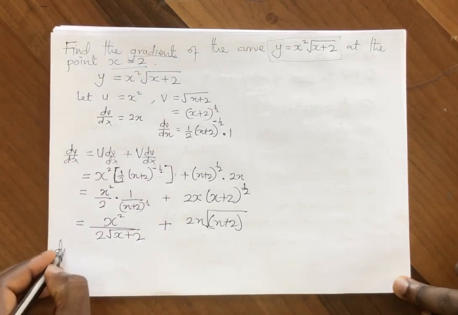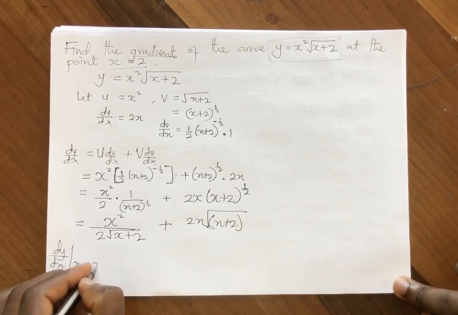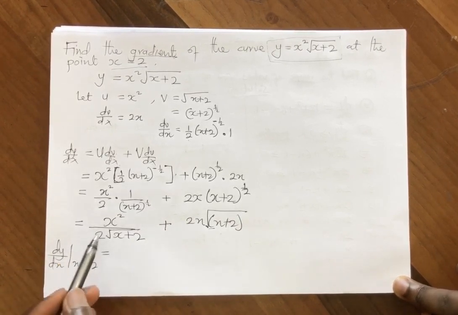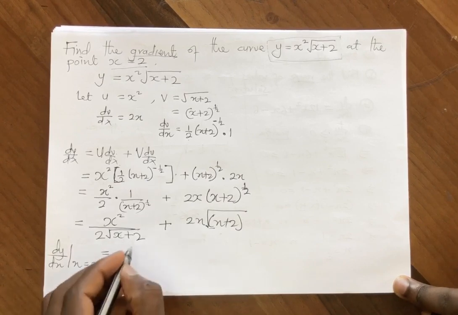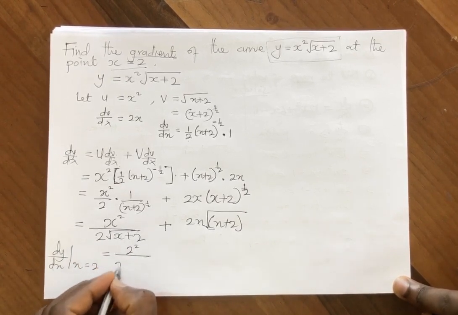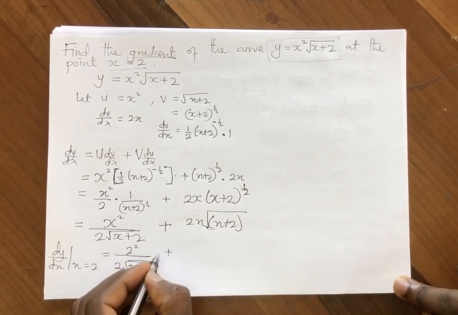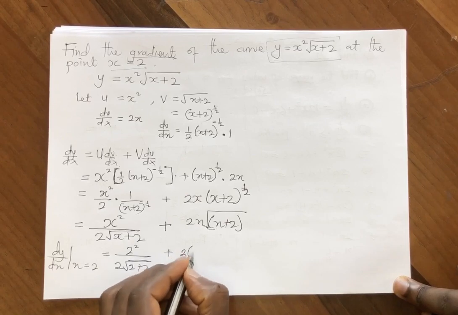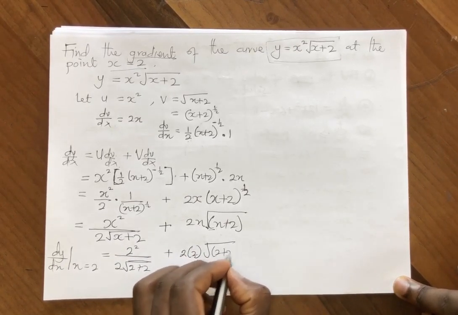So dy dx at x equals 2 will be equal to, just put 2 at the various points you see x. So we have 2 squared over 2 into 2 plus 2, plus 2 into 2 square root of 2 plus 2.